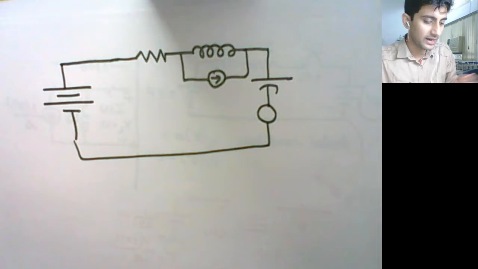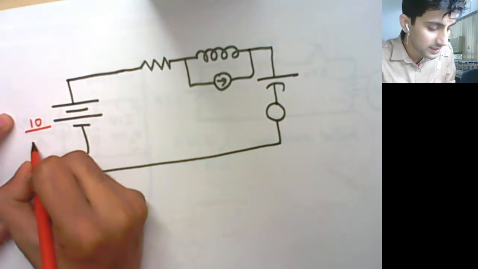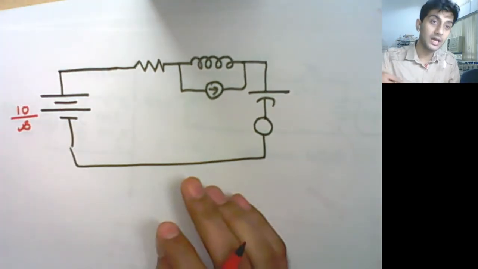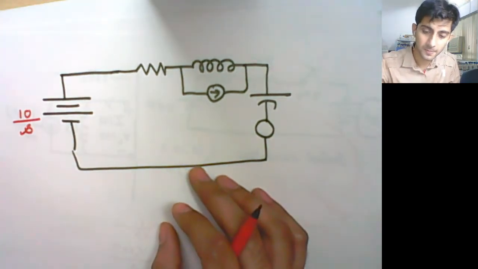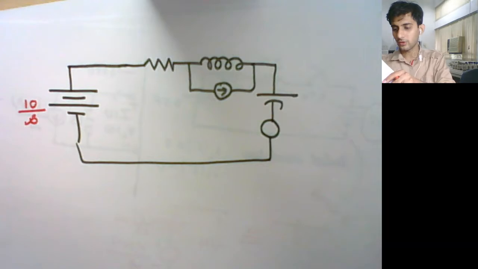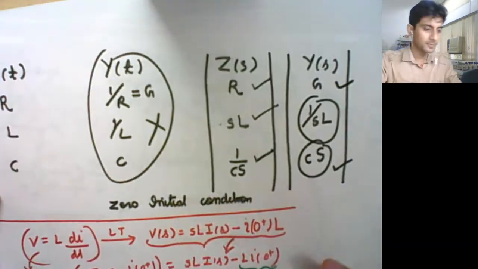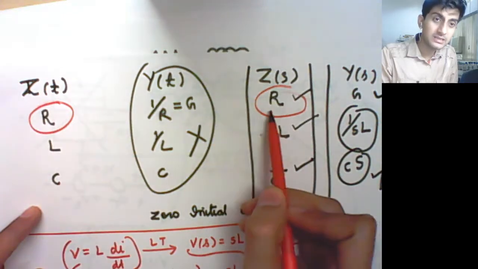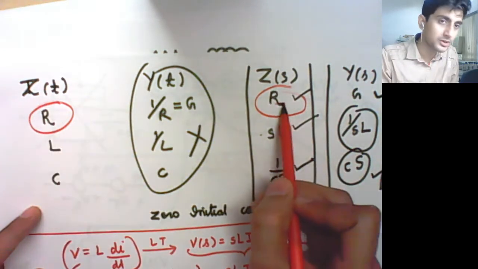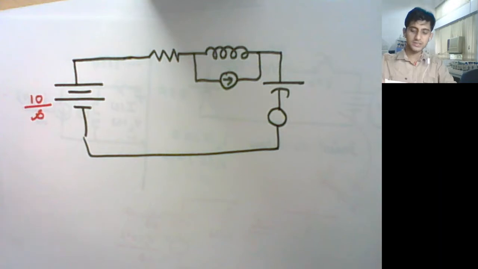This will be there, and its value becomes 10 by S. But although resistance was constant, what does the transform of resistance become? Remember what becomes the transform of resistance? We did it yesterday. It remains the same in the S domain, equal to R. So it will not change.